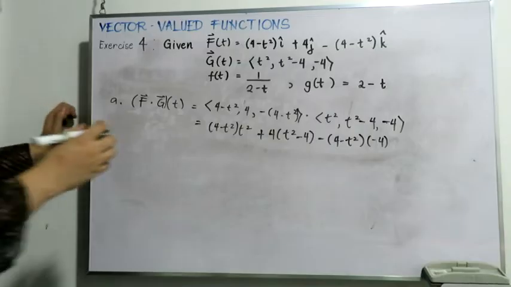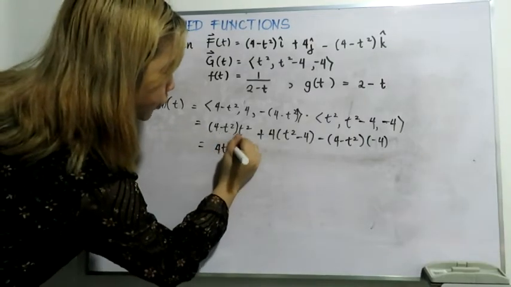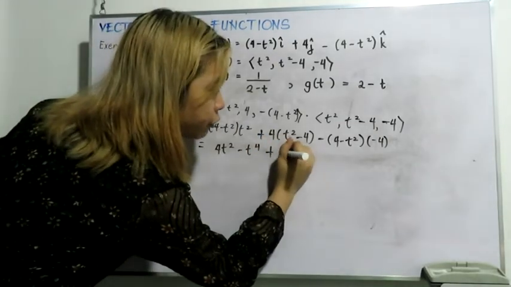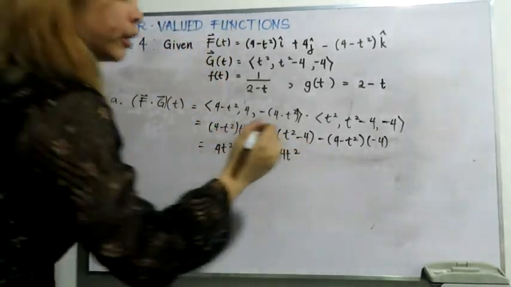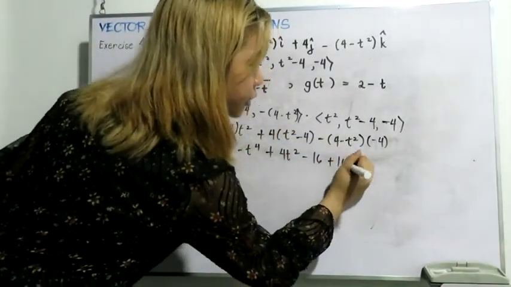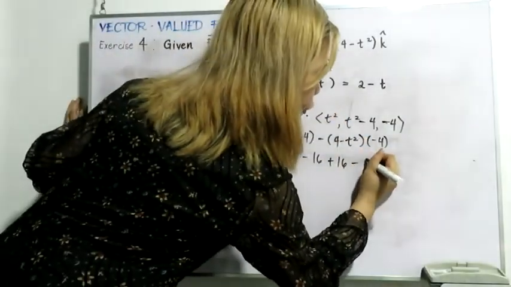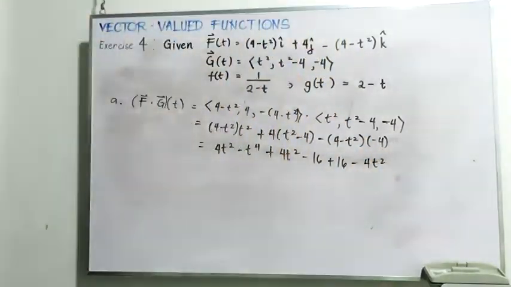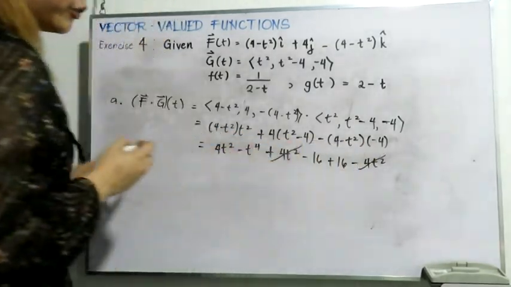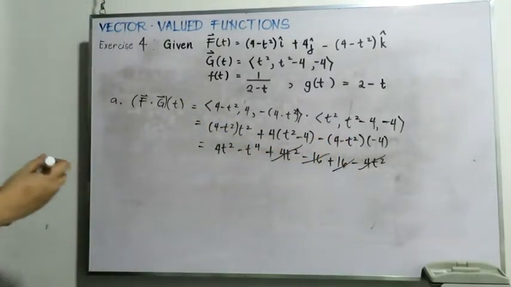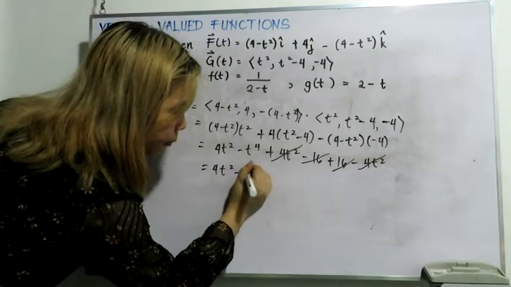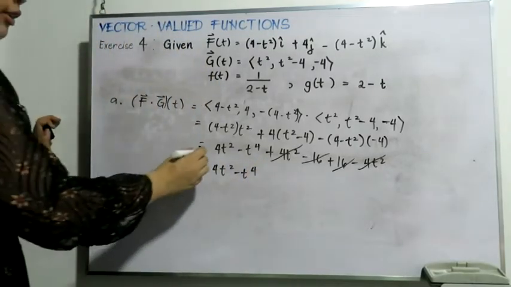Expanding this, we obtain 4t squared minus t to the fourth plus 4t squared minus 16 plus 16 minus 4t squared. Thus, we can cancel 4t squared with minus 4t squared, minus 16 with plus 16, which leaves us with 4t squared minus t to the fourth. And this is the answer.